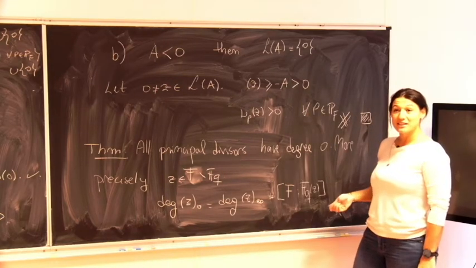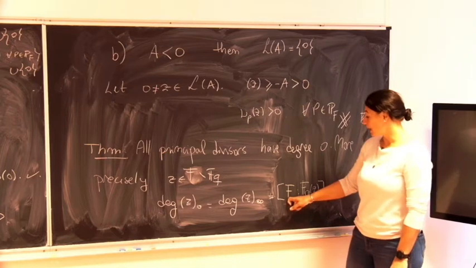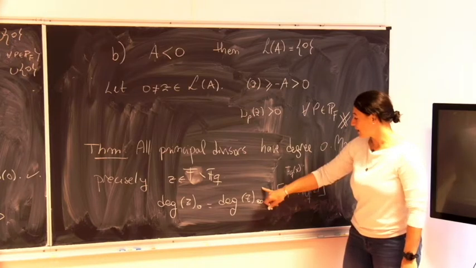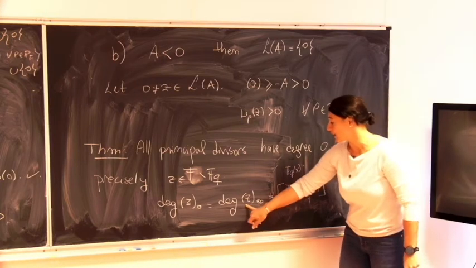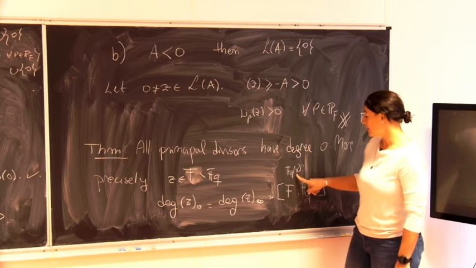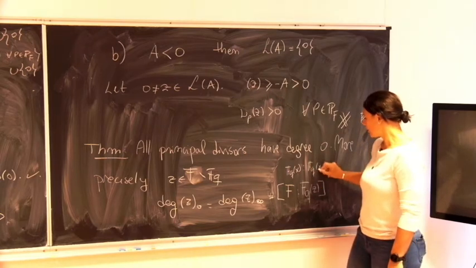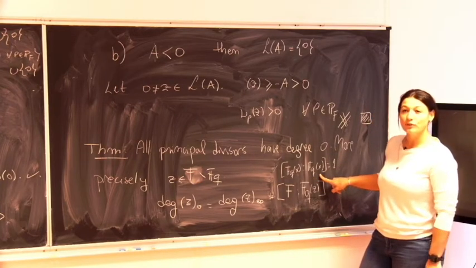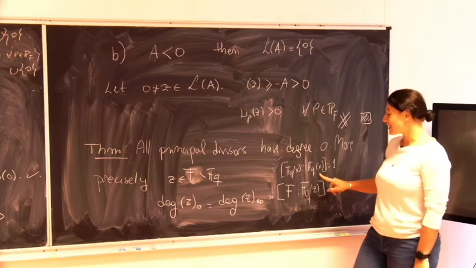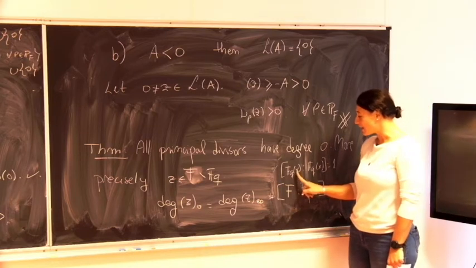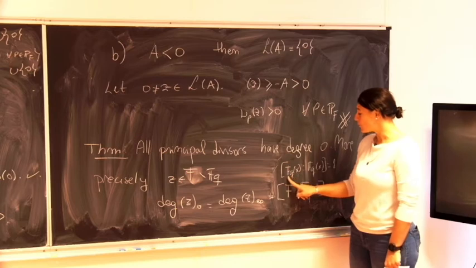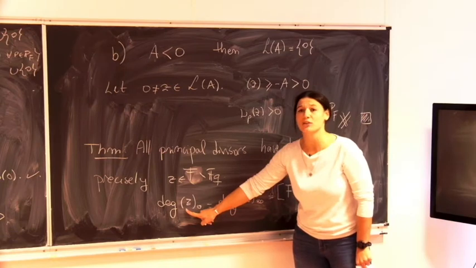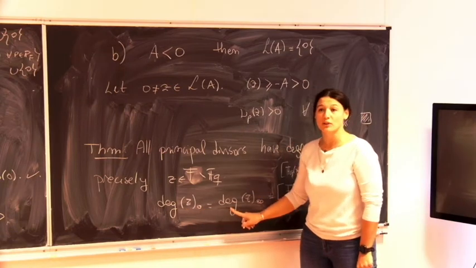And if I'm considering, for example, the rational function field, where F is FQ of X, and I'm picking exactly the transcendental element that I use to define this function field, what I get is that this is an extension of degree 1. So the transcendental element that I'm adjoining to FQ to create the rational function field has a zero divisor of degree 1 and a pole divisor of degree 1.